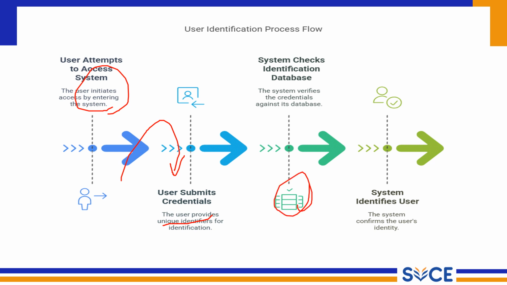Whatever database you are using, it is checked against that database. Once it has been verified, the system confirms that this particular person has logged into the mail or something like that. So this is the flow of user identification. The user attempts to access the system and submits the credentials, they are checked in parallel against the database, and from there the system identifies the user.